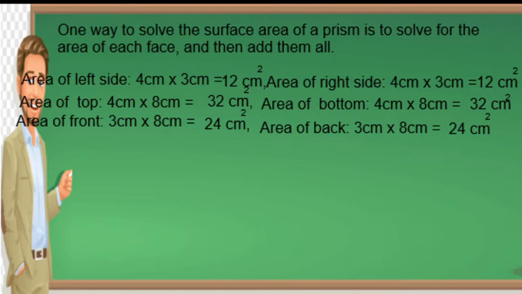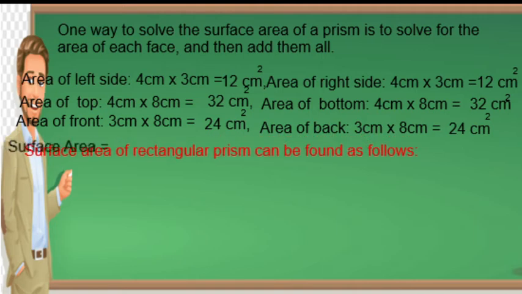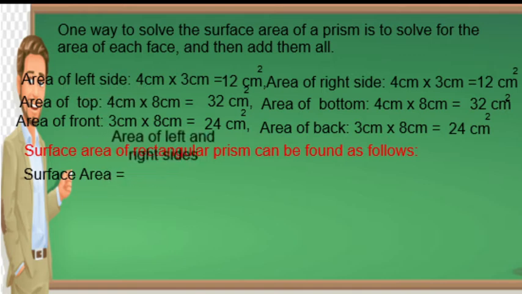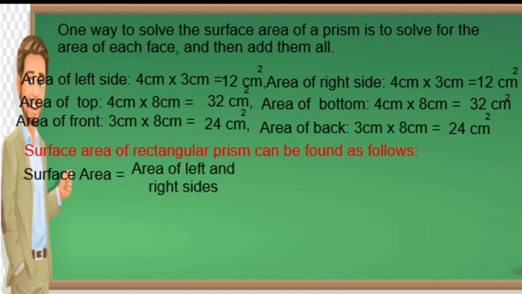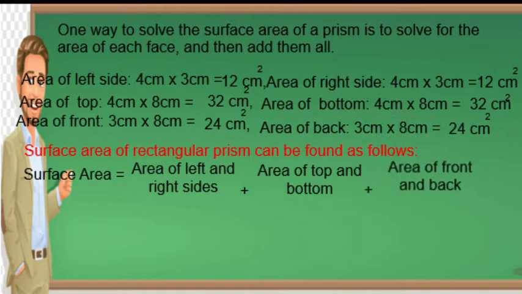So, the surface area of a rectangular prism can be found as follows. The surface area is equal to the area of the left and right sides, plus the area of the top and bottom, plus the area of the front and back.